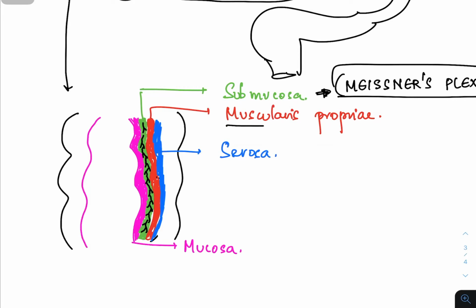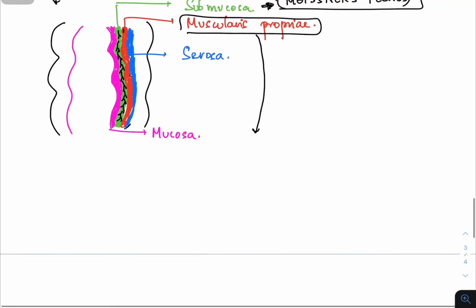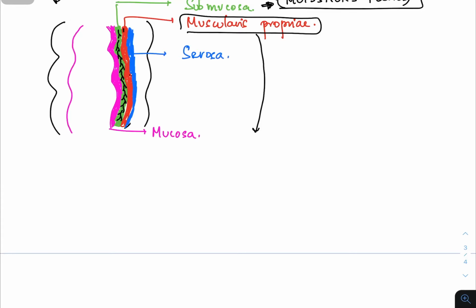Where this Auerbach's plexus is located is, this layer here is called muscularis propria, right? This red color layer is called muscularis propria, which has circular muscles and longitudinal muscles. Now let me draw a little bit about this muscularis propria here. Look here now. It has muscles inside like this. These muscles inside are called circular muscles, and the muscles outside like this are called longitudinal muscles.